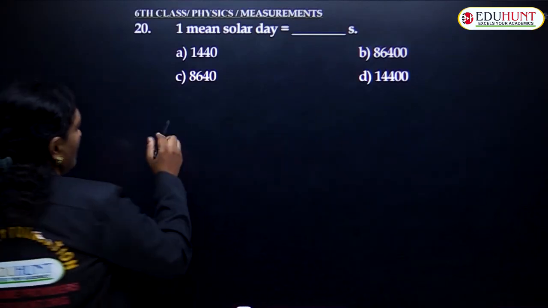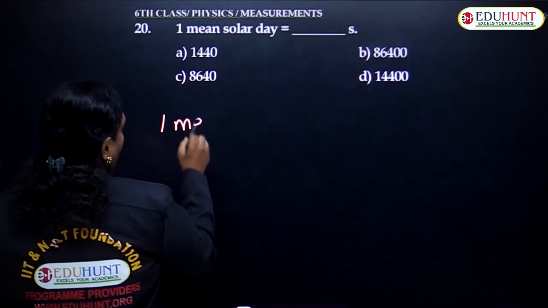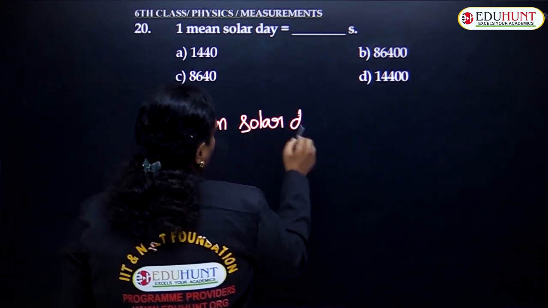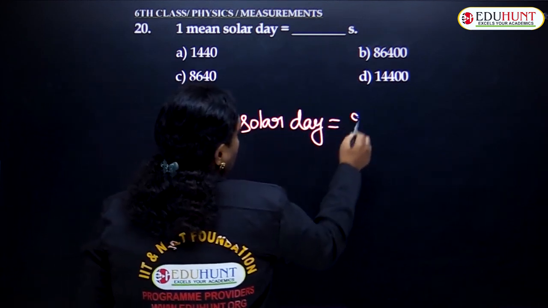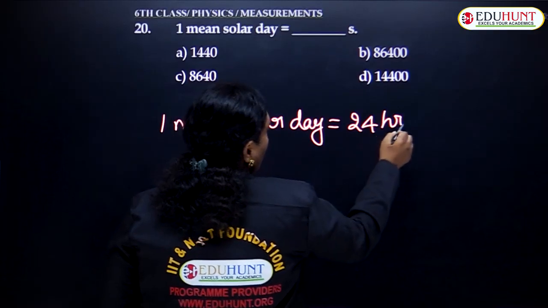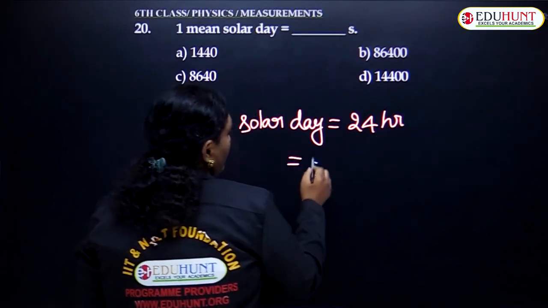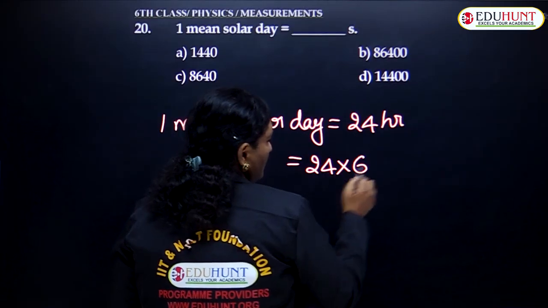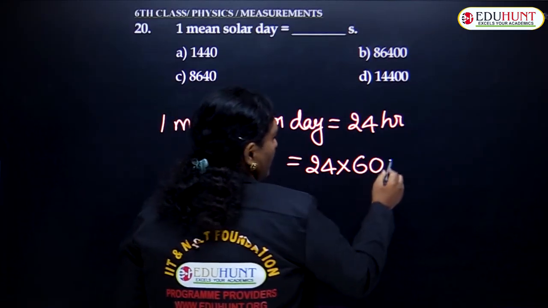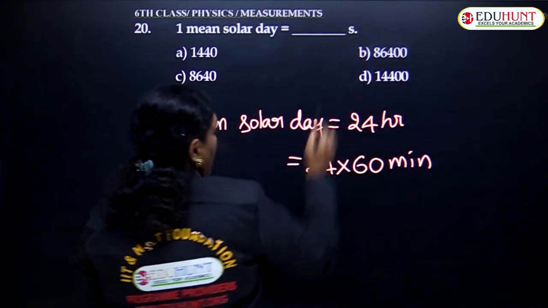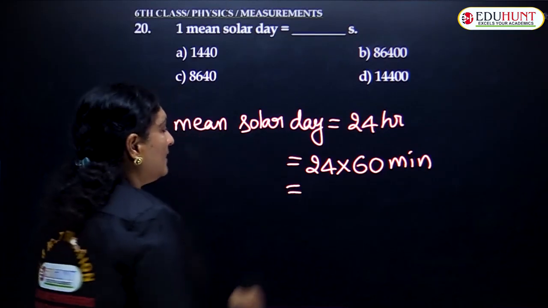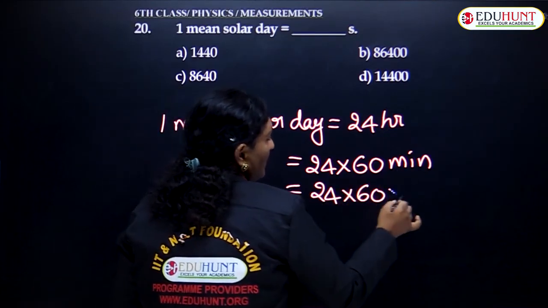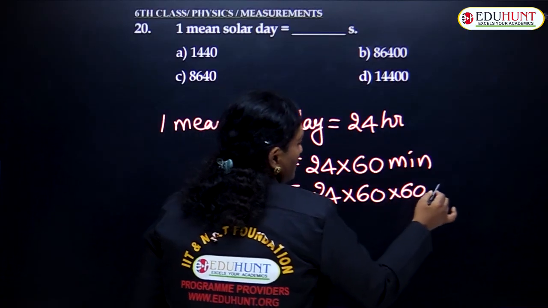Okay. So 1 mean solar day has generally 24 hours. 24 hours, if you would like to convert into minutes, is 60 minutes each. But as the answer is asked in seconds, you again need to convert this into seconds, as each minute is equal to 60 seconds.